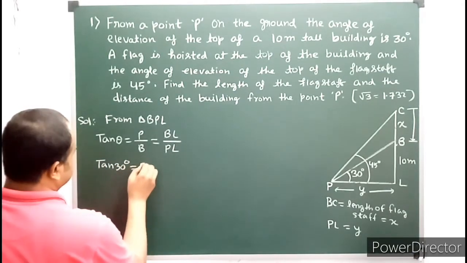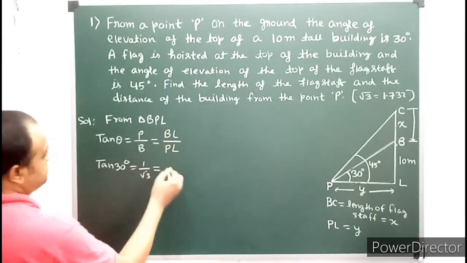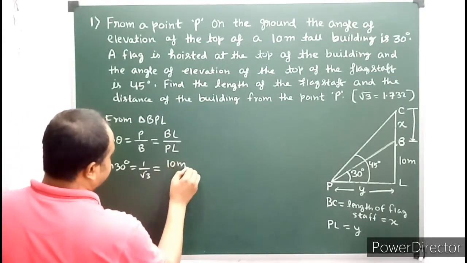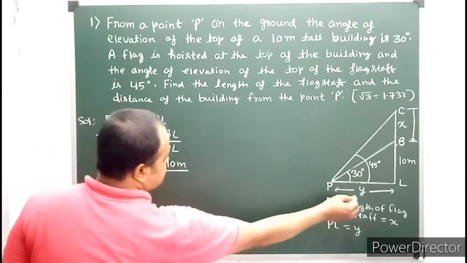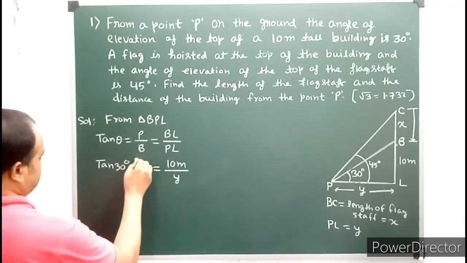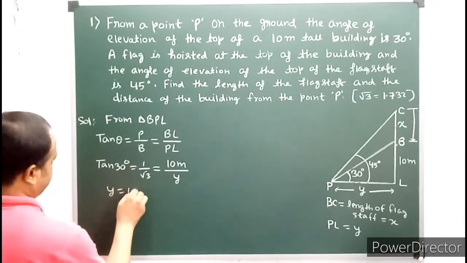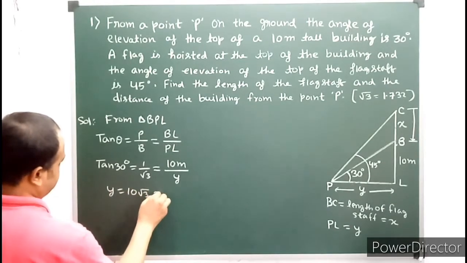Tan 30 means 1 by root 3, BL is 10 meters as given, and PL we have assumed as y. After solving, we get y equals 10 root 3 meters.